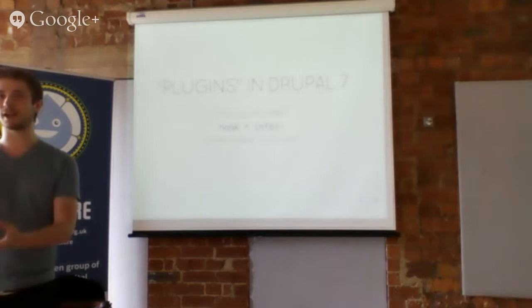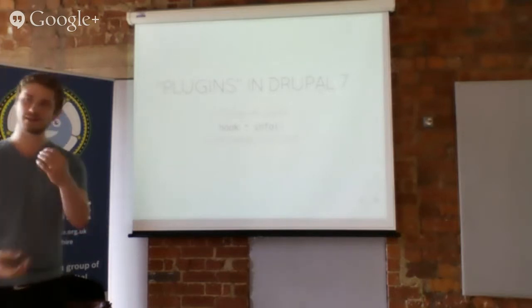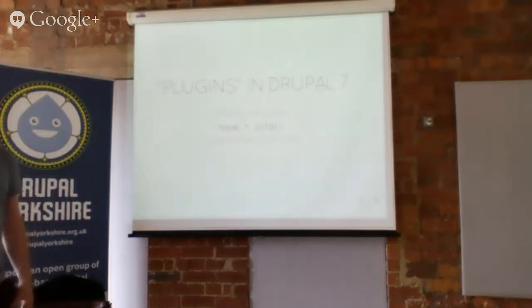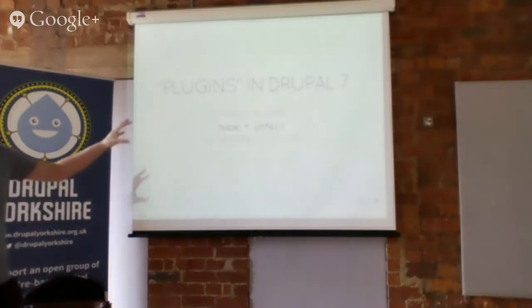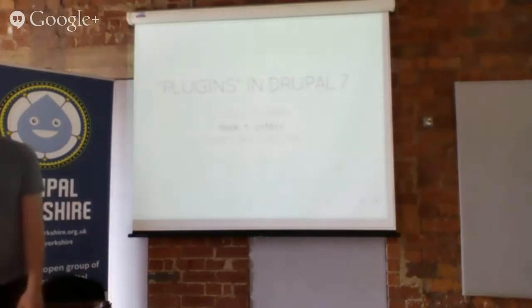You had hook block info, then hook block view, hook block settings form, hook block submit. So you had a series of magically named hooks to provide blocks. That's not a plugin, but it's quite analogous with plugins. And then there were various custom solutions as well.